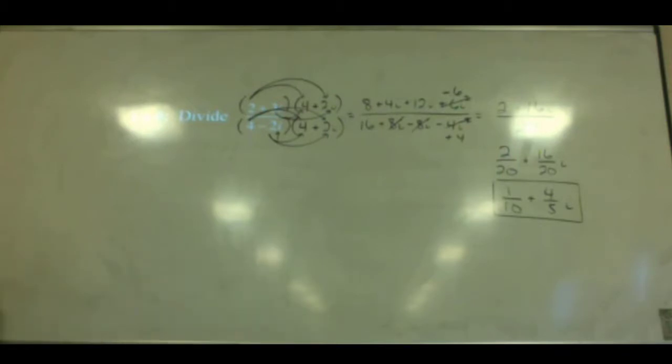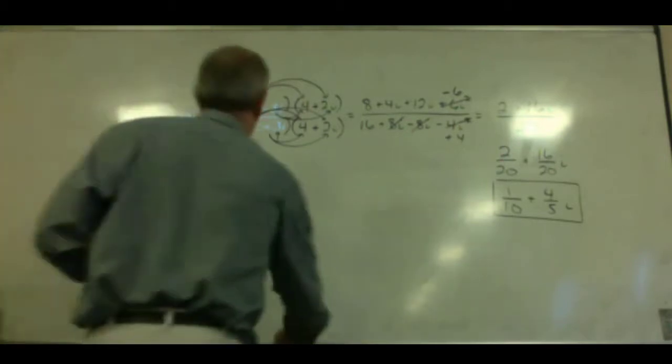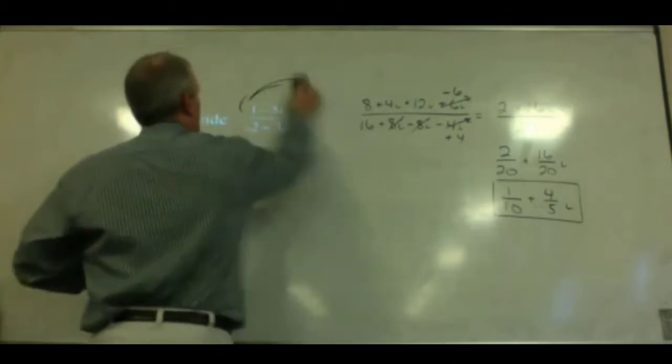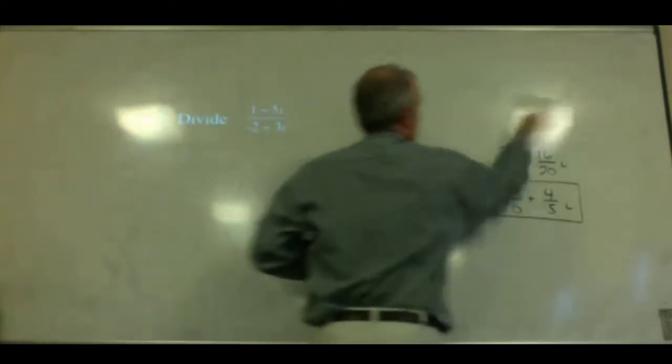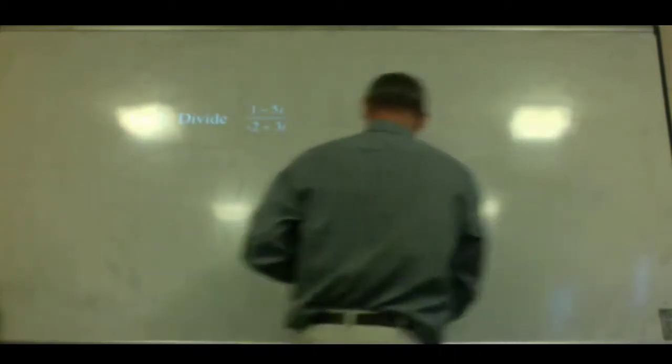All right. And I think we have another one like that, right? So there's our answer if we reduce it. So again, division. What are we going to do to work through this?